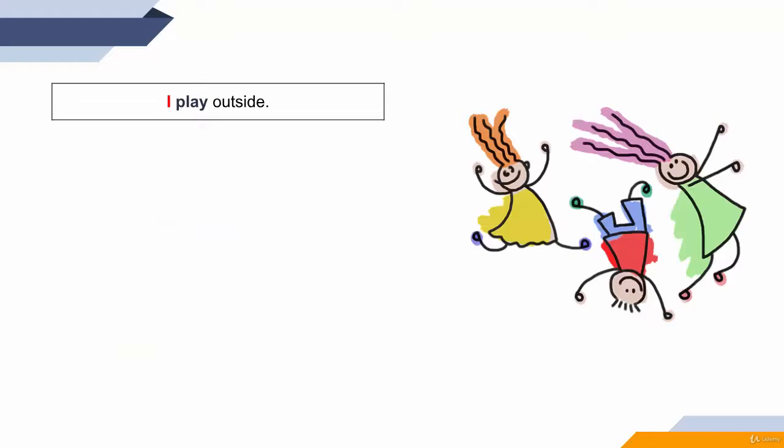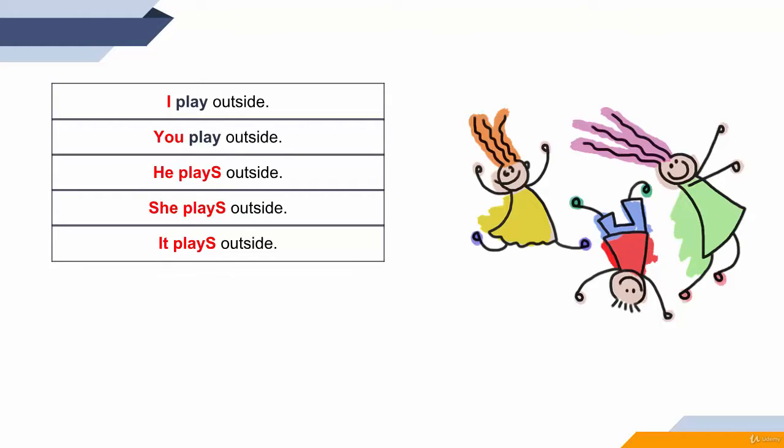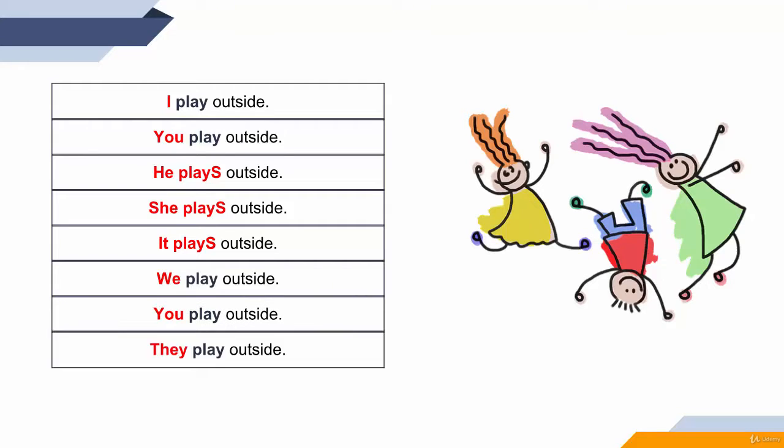Another example: I play outside. You play. He plays. She plays. It plays. We play. You play. They play. If you look at the examples carefully, what do you notice? The verb is one and the same when we use I, you, we, and they.